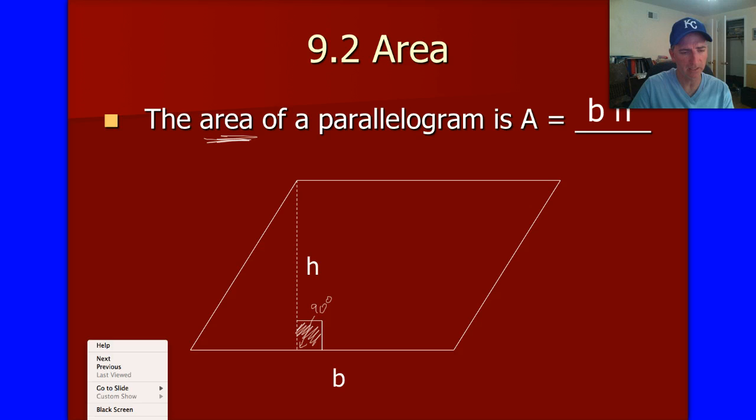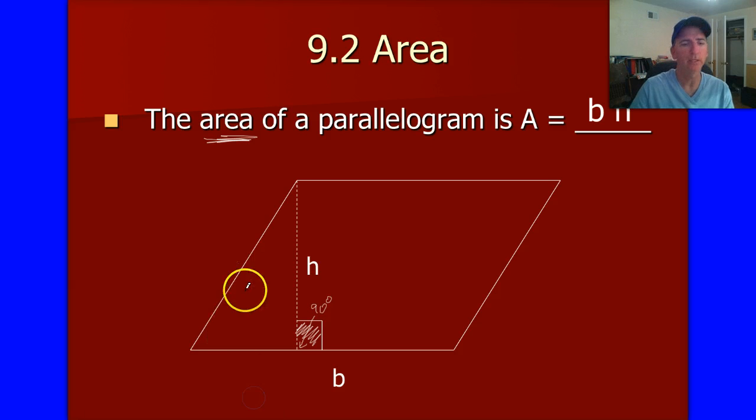Well, I want to show you something here. I'm going to change my pen color to blue because I think this is an interesting way to look at it. Let's say I took this part of the parallelogram here, and I just cut along the dotted line. If I cut this off along the dotted line, and then I grabbed it and I moved it right over here, and drew the same triangle, this is what you would have.